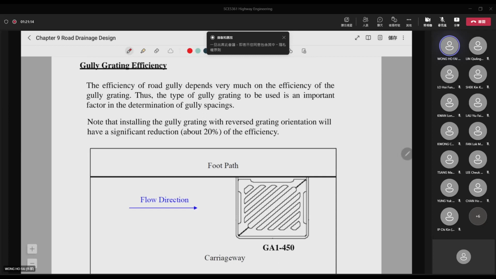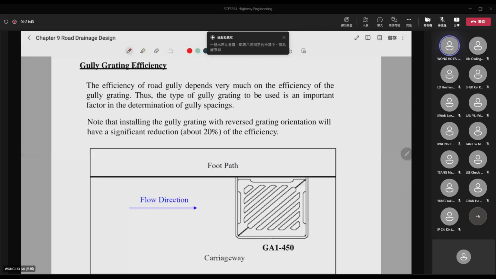We need to wait for their guidelines or guidance because we don't know about the effectiveness of that kind of grating. Well, for conservative design, if there's no guideline yet, I will use 50% of the reduction factor at this stage if you ask me to design, okay?